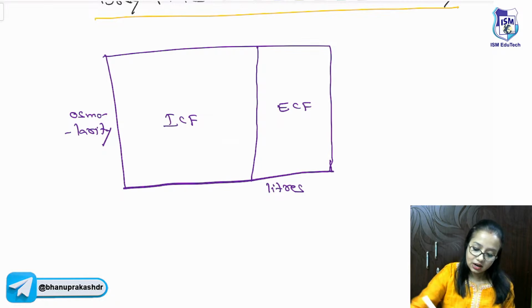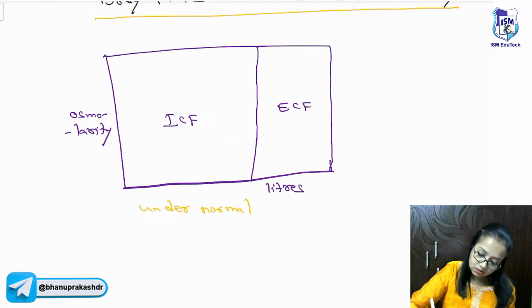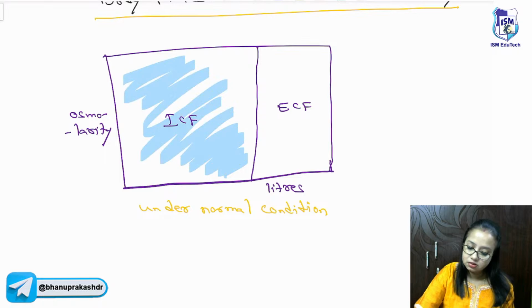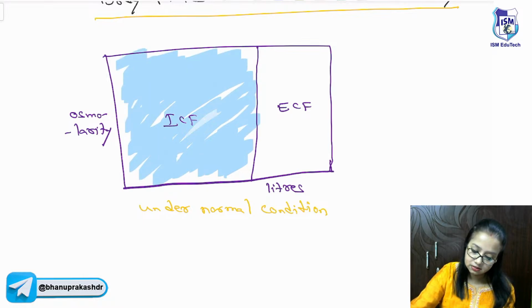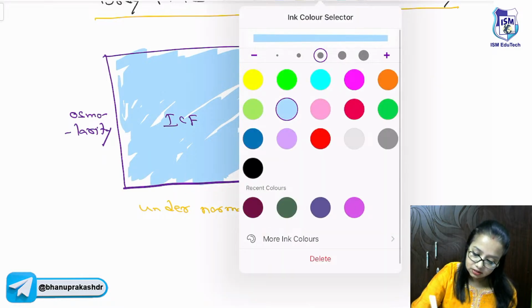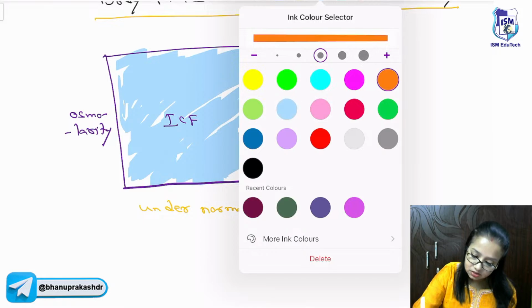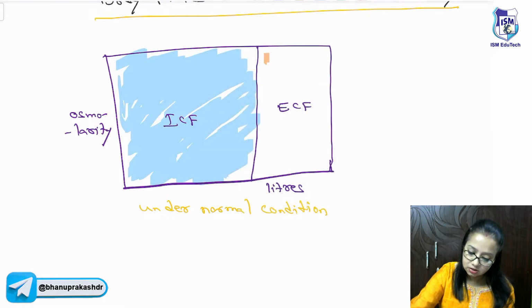Now, under normal conditions, this compartment, the ICF, is full of fluid. It is full of fluid in normal condition, all of it. And the ECF is also full of fluid in normal condition.